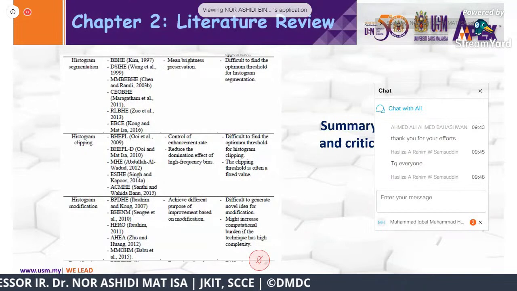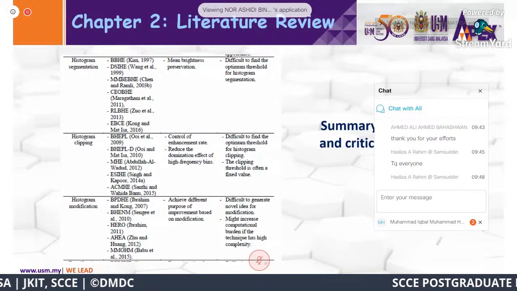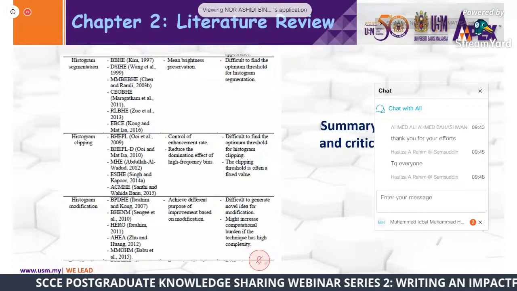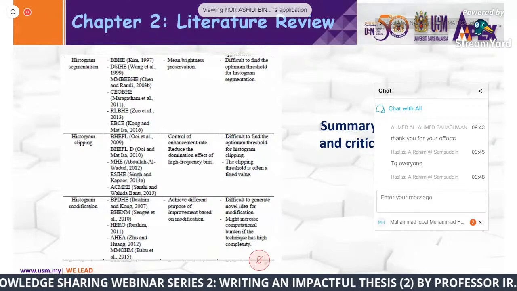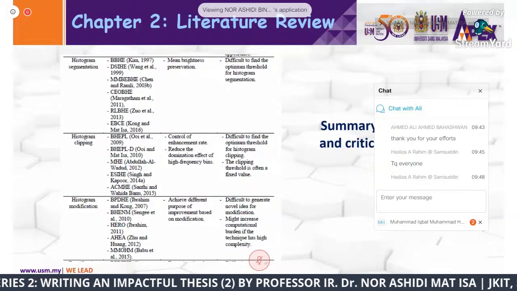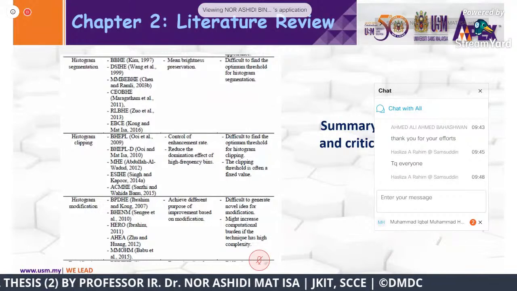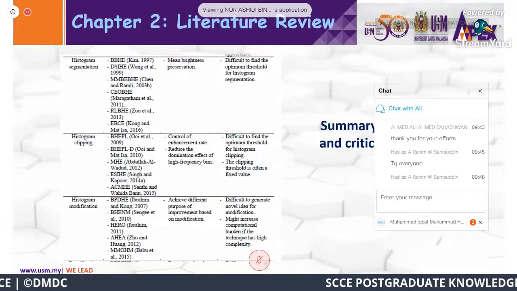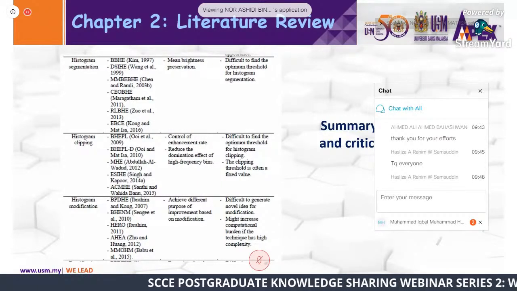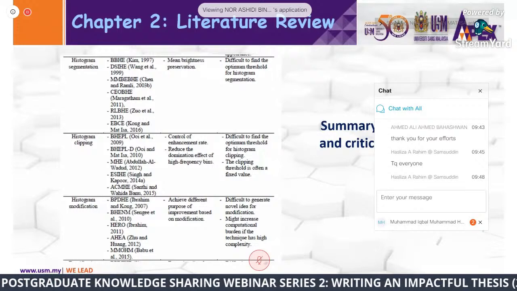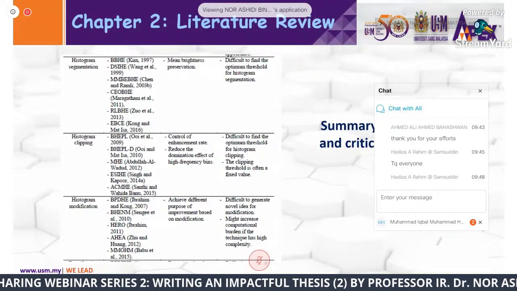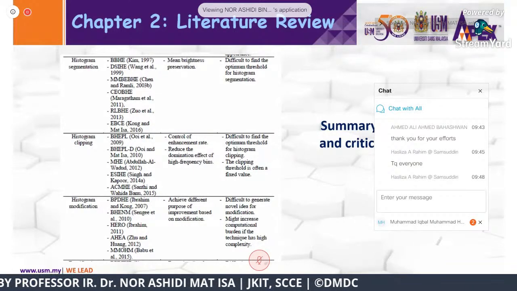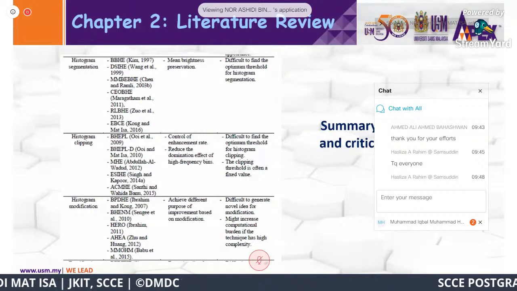That's why when you write a journal paper, say you have one method which is better than the existing one, but its computational burden is higher than the previous one, and you do not present it, then when you submit the paper the reviewer will comment: where is the computational burden?